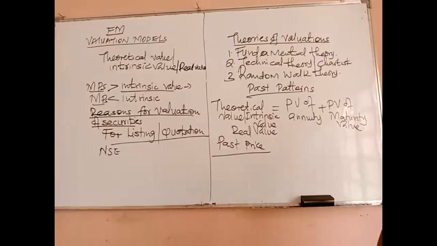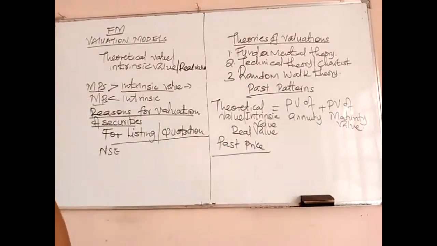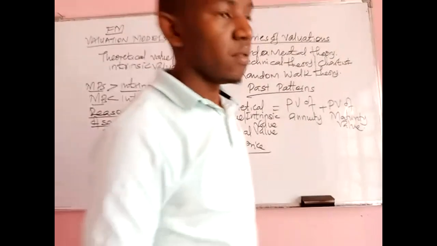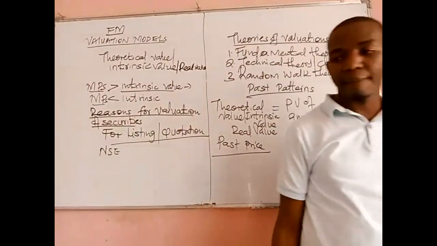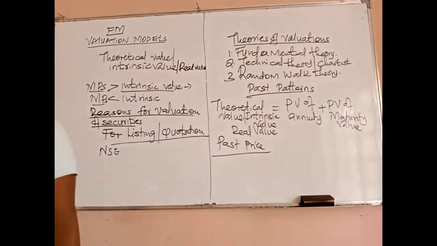The last one, number 3, random walk theory. This theory states that the price of a security depends on the information released in the market.